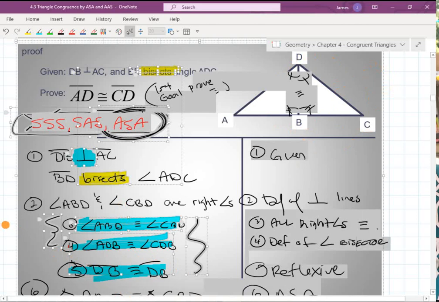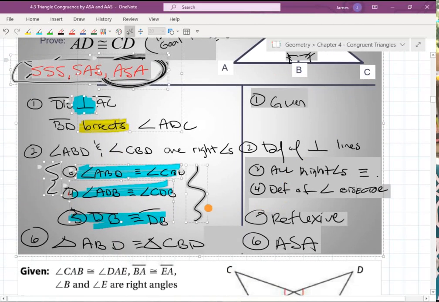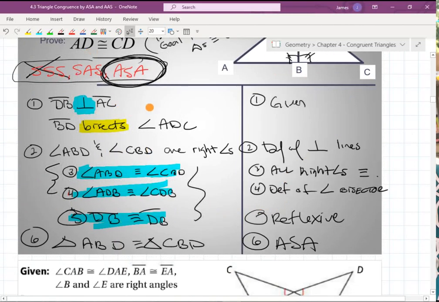But the first two are usually going to be provided using vocabulary words. So now that we know that those two triangles are congruent, what can you say about AD, which would be the first letter and the last letter, compared to CD, the first letter and the last letter? They're congruent.